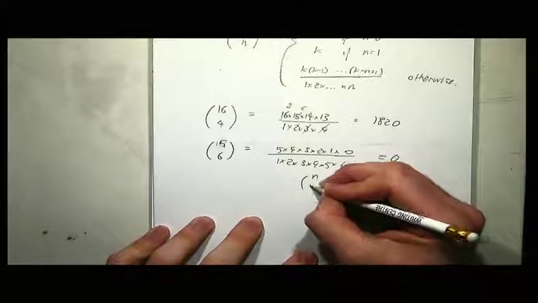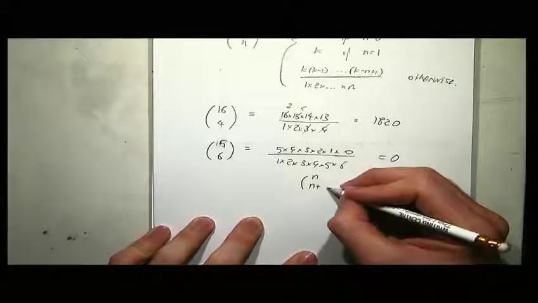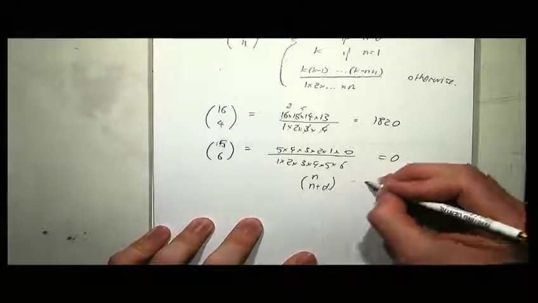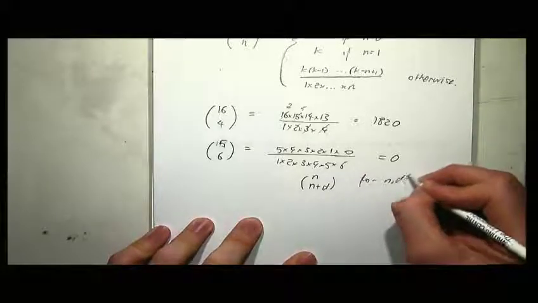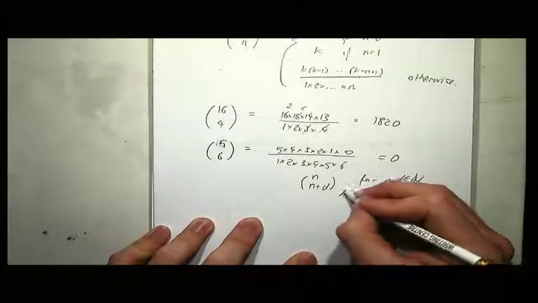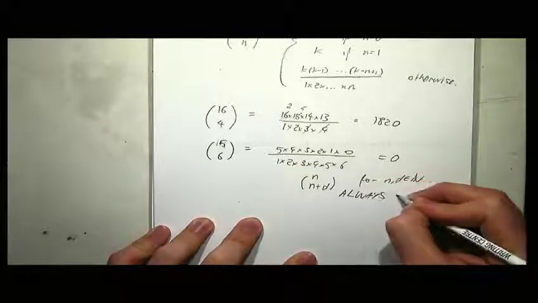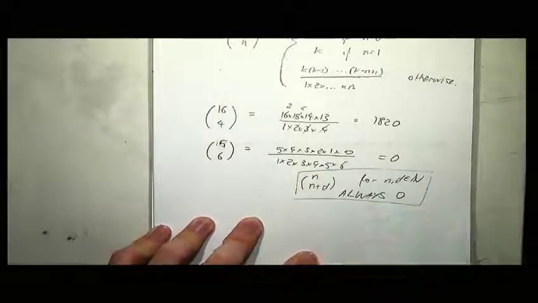In fact, if they're both whole numbers and the bottom's bigger than the top, it'll always be 0. So n choose n plus something, it's always 0, as long as they're whole numbers.